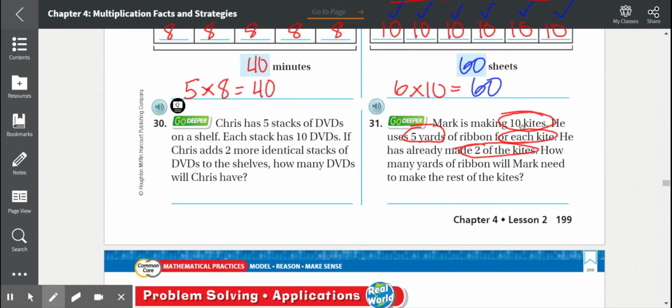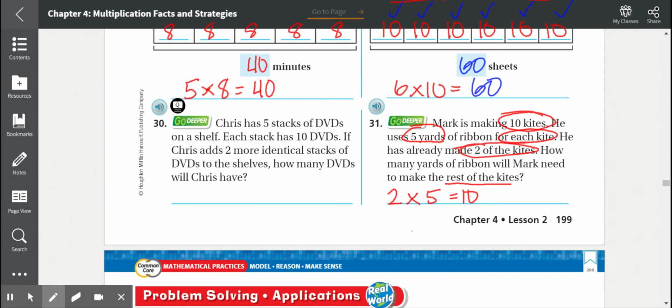We know that Mark is making 10 kites, okay? And he needs 5 yards of ribbon for each. He already has made 2 of the kites. So let's start there. If he's made 2 kites, we know that he's made 2 times 5 yards of ribbon. So 2 times 5 equals 10. So he's already used 10 yards. How much will he need for the rest of the kites?